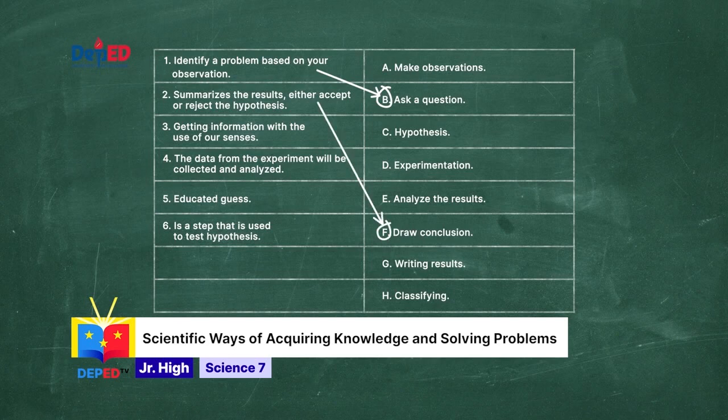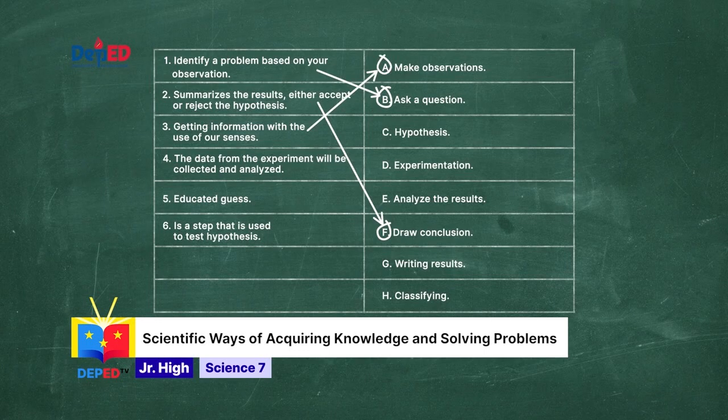Number 3. Getting information with the use of your senses. Okay, time's up. When you get information with the use of your senses, you make observations. That's right, letter A. Number 4.